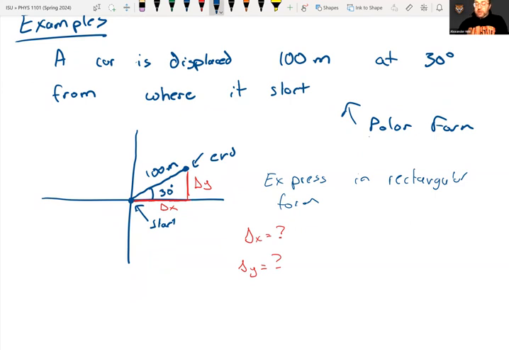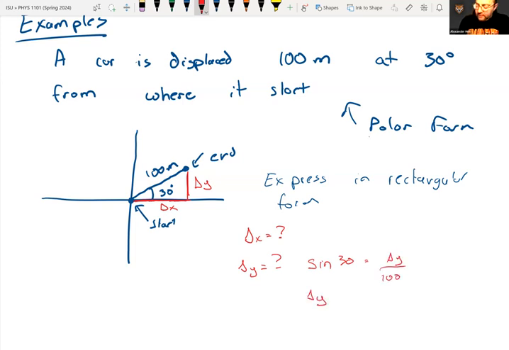To do this, you need to go back to that trig stuff we were talking about. The sine of 30 is going to be equal to the opposite over the hypotenuse, so that the opposite is y. So we'd have sine of 30 equals delta y over 100.